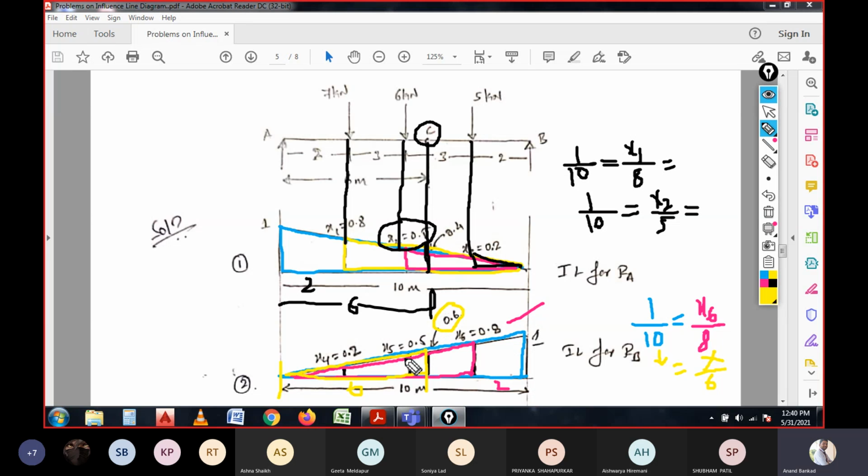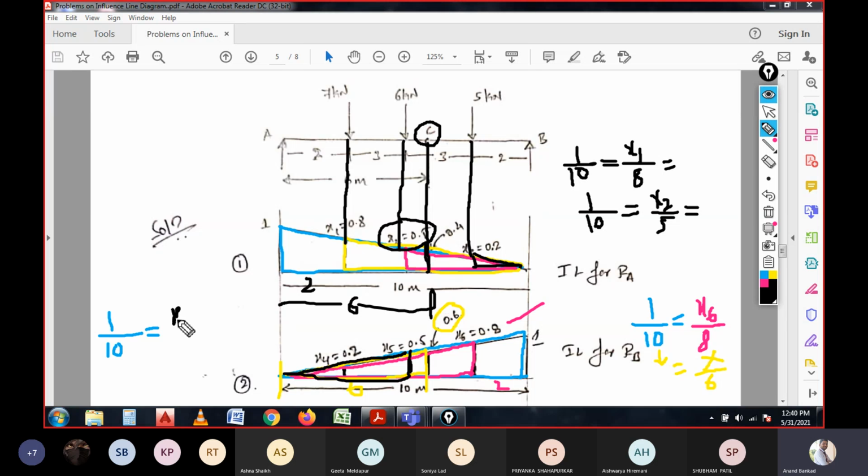And similarly, if you consider the triangle of this one, I could write with this diagram. For the large similar triangle, I am considering 1 by 10, which I am equating to the triangle for which I need to get the value of x5.